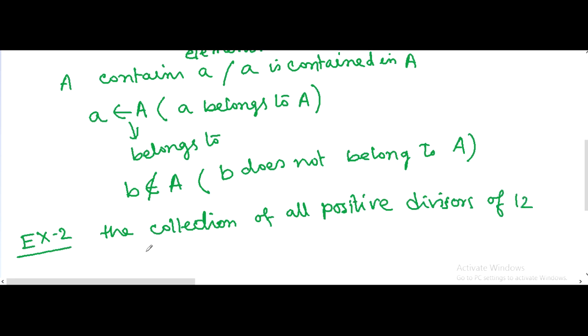Then it is also a set, and the elements contained in it are 1, 2, 3, 4, 6 and 12 itself. So the set is this. Let it be capital B.